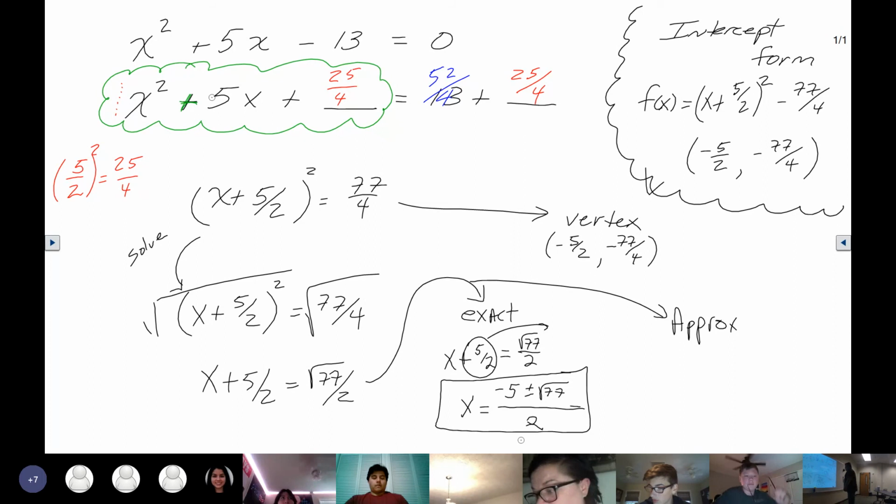And to approximate the square root of 77, well, we'll show you a trick I learned in the war. The square root of, let's see, I'm trying to think of a square root. Well, the square root of 49, the square root of 64, the square root of 81. So it's closer to 81.